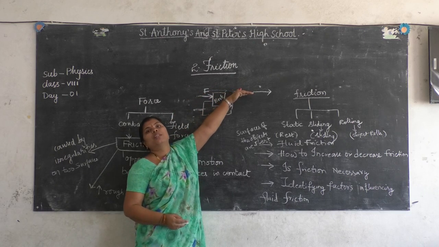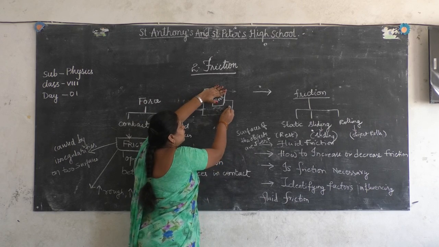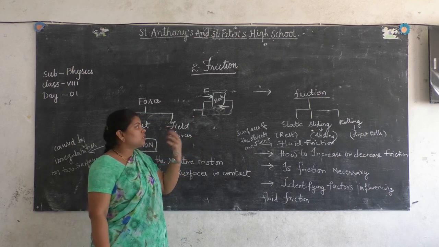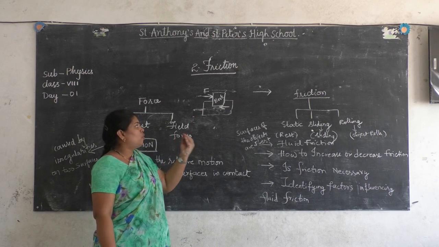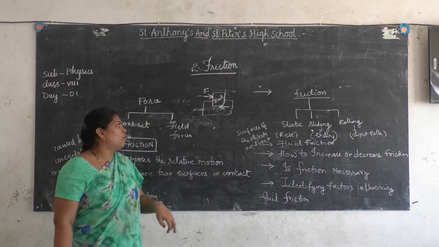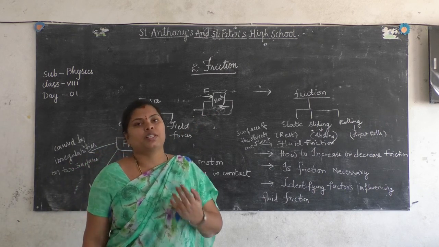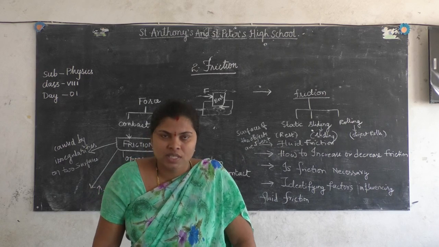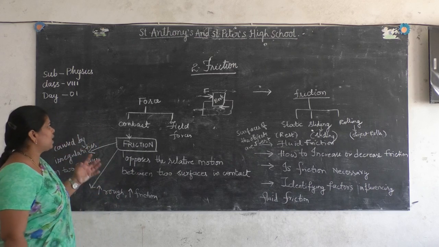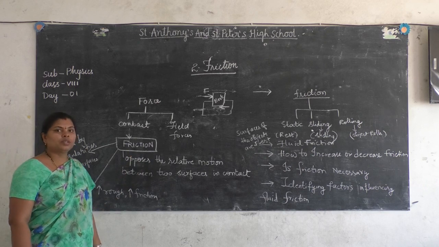Now, the table offers a resistance, a force in the direction opposite to the applied force. This force offered by the surface of the table is called frictional force. Is it clear for everybody? That's why I say frictional force opposes the relative motion.